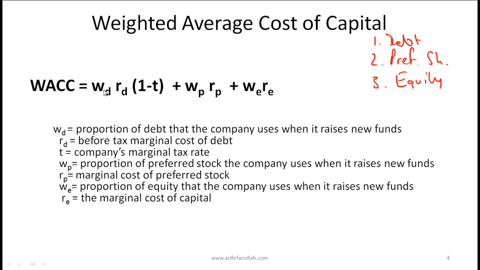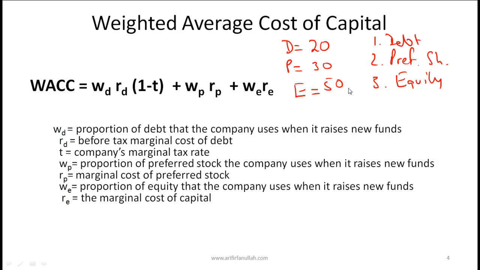So when we say weightage of debt, preferred shares and equity, we are referring to the relative market value. To take a simple case, let's say that for a given company, the market value of debt is 20 million, the market value of preferred shares is 30 million, and the market value of common shares or equity is 50 million.